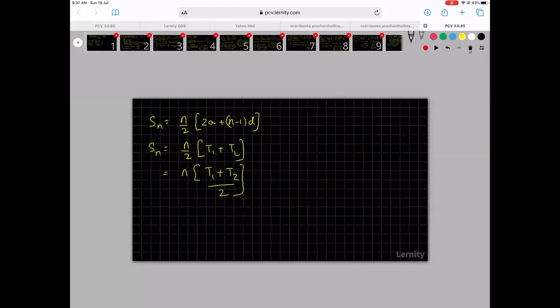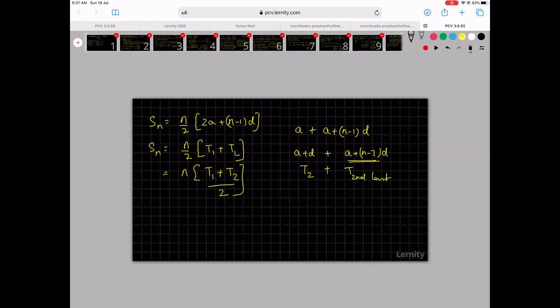Now, what is the first term? A. What is the last term? A plus n minus 1 into d. Now, can I write this as a plus d plus a plus n minus 2 into d? Yeah, I put one more d here, minus, and then I put plus. So what is this? This is t2 plus. What is this? This is t second last.